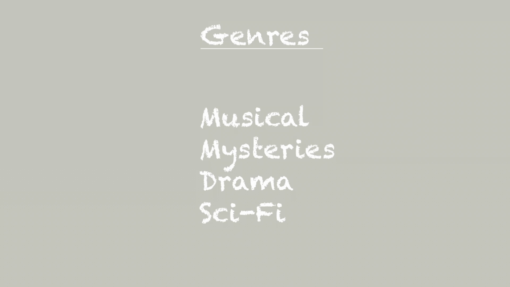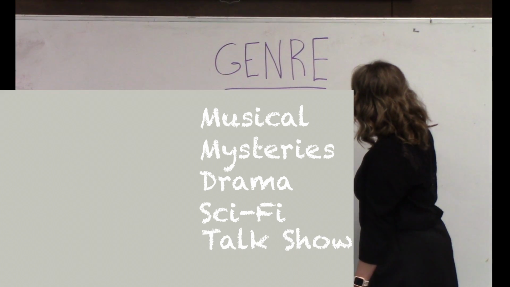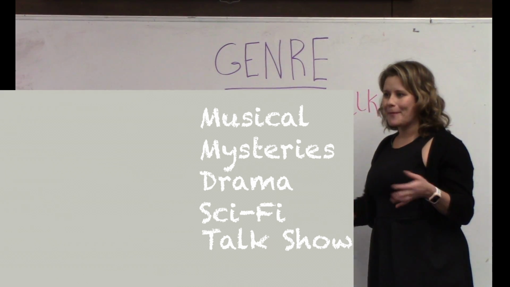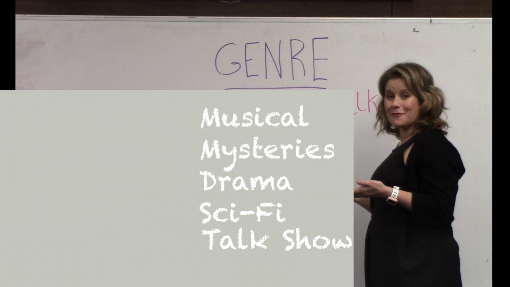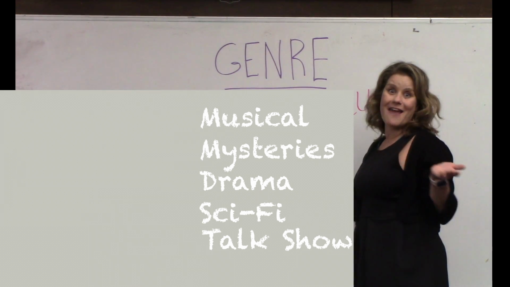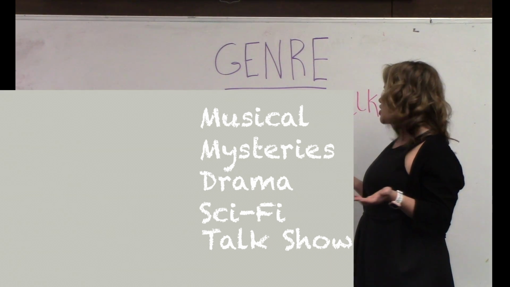Maybe there's time travel in that genre. There's also genres like a talk show. So maybe your story is set on a talk show. So people have coffee mugs and there's an interviewer and a guest and maybe a musical band or a live audience or some kind of funny thing that happens during the talk show.